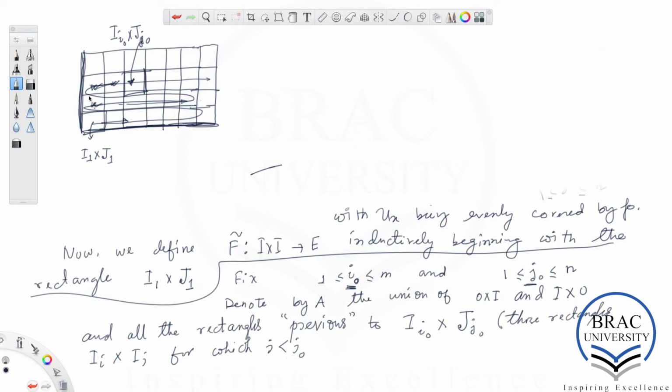It means that all these rectangles in the figure are the bottom two rows.